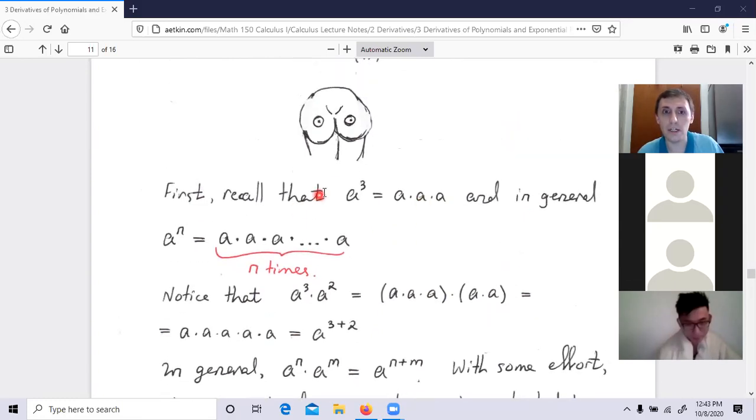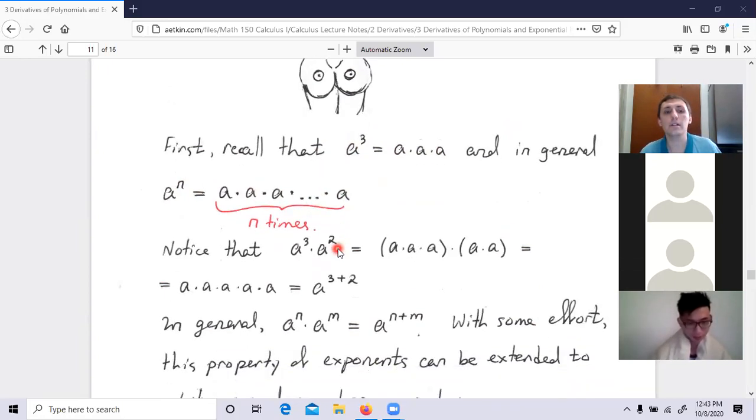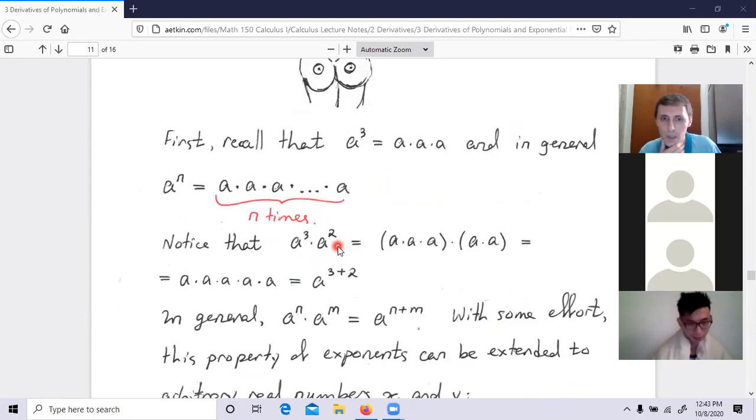So first of all, if it's an integer, we are just using bookkeeping, right? A cubed, it's a times a times a. And a to the power of n, it's a times a times a, n times. Good? Now, I hope you understand, guys.